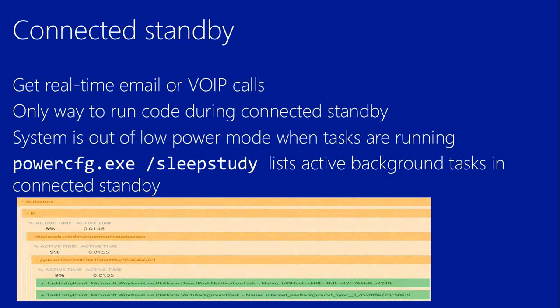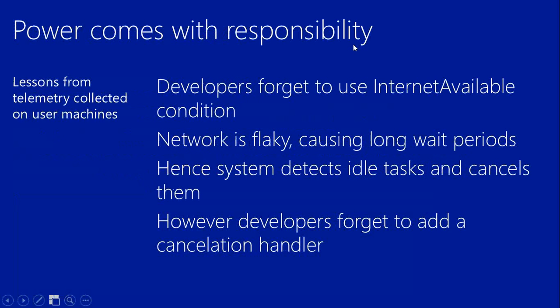Here is the HTML which you will see when you run this command, powercfg.exe /sleepstudy, and you can see the task entry point, the active time, and everything. So all these details are available for you to see and understand what the active list of background tasks is in the connected standby mode.